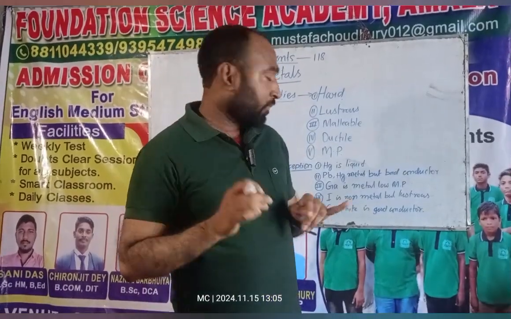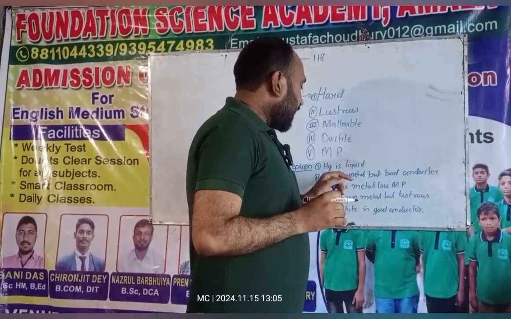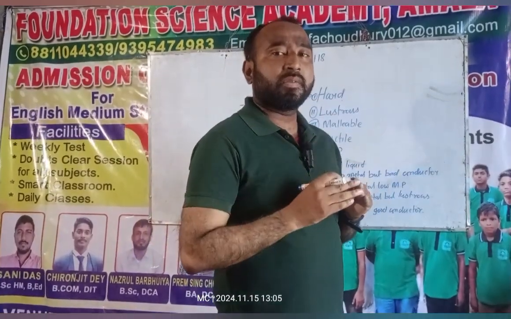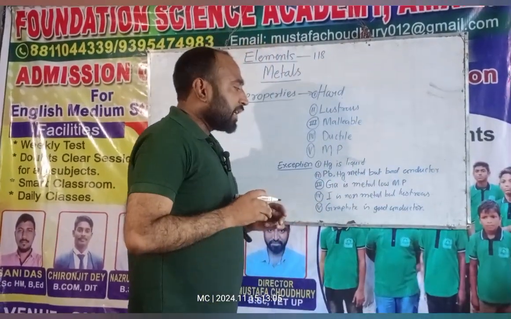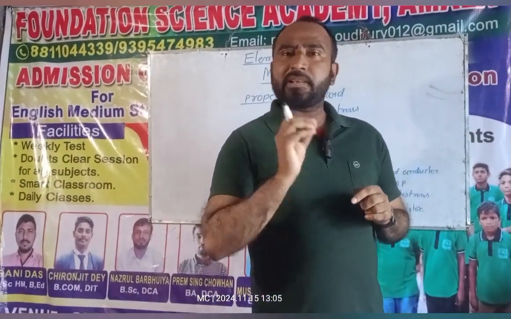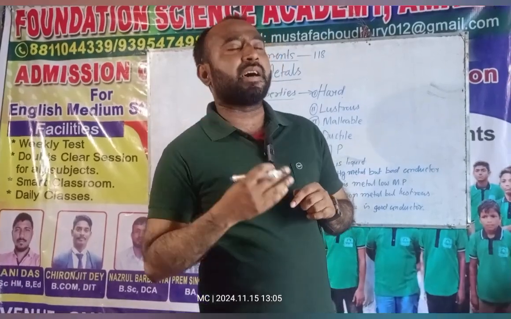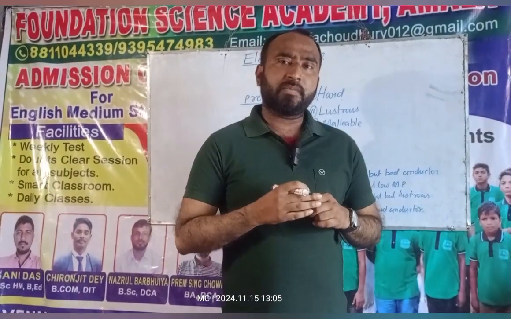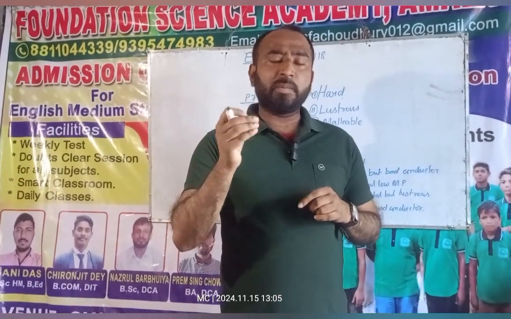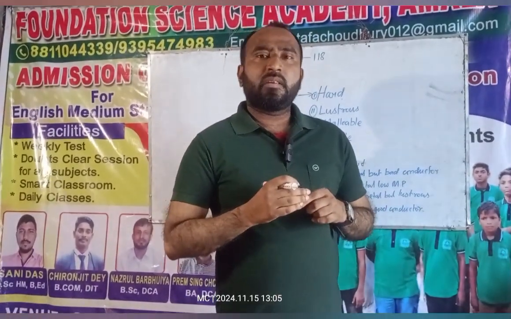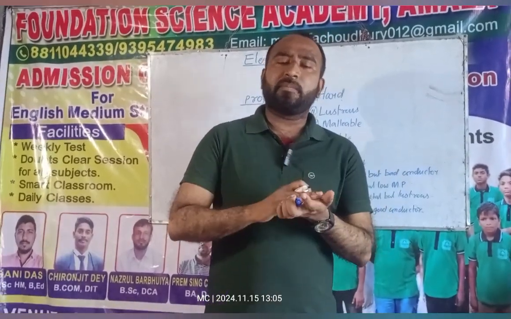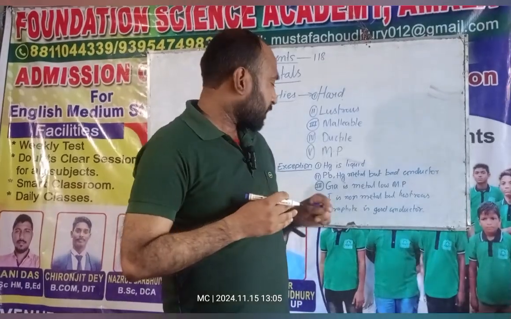Lead and mercury are metals, but poor conductors of heat and electricity. Gallium is a metal, but it has a low melting point. Generally metals have high melting points, but gallium is an exception. If we put gallium in our palm, it will melt.